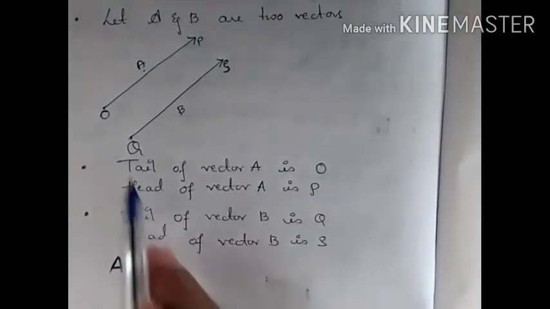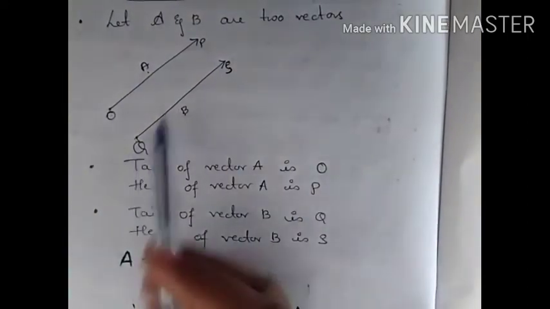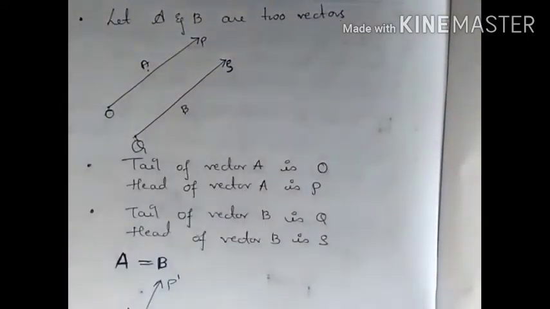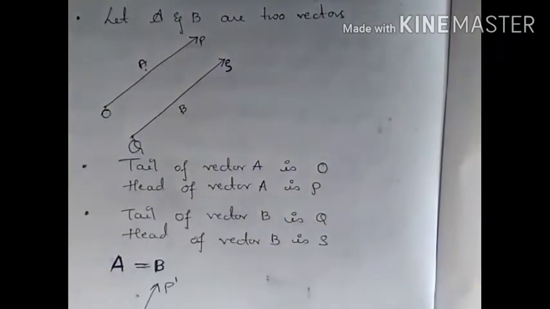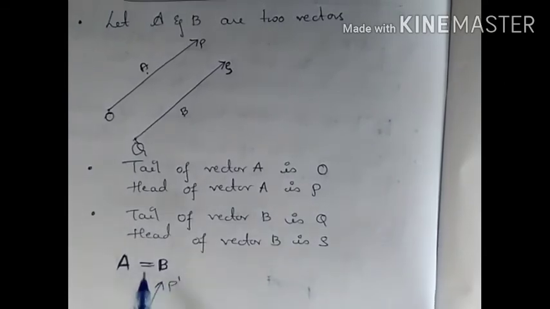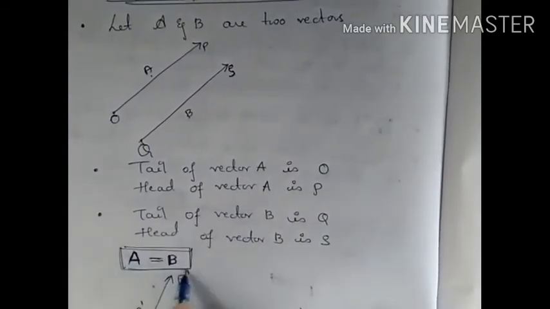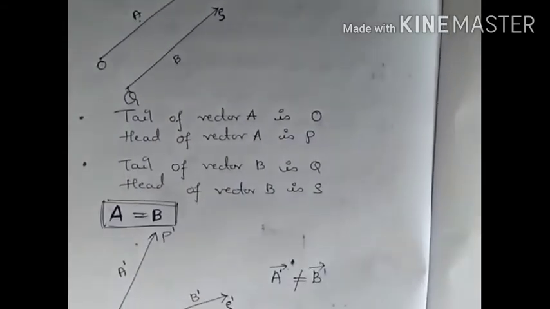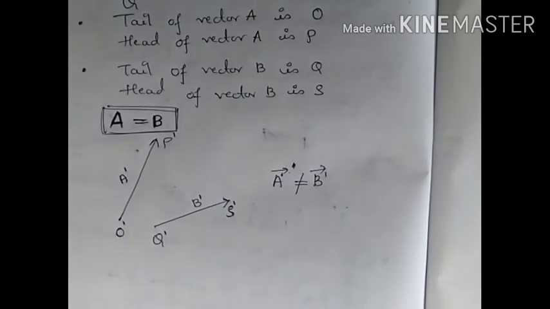So to check equality, we take the tail of one vector and try to coincide it with the tail of another vector. If the heads of the two vectors coincide after coinciding these 2 points, then we say the two vectors are equal vectors. Equal vectors are indicated like this: A equals B. Then we saw the two unequal vectors A prime and B prime.